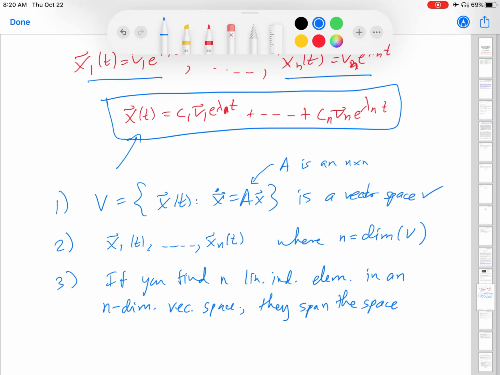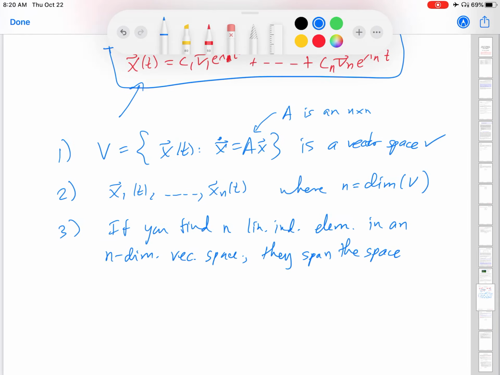Remember that theorem? I give the reference above, in the previous page in this lesson's notes. So if they are linearly independent and span the space, then they are a basis.